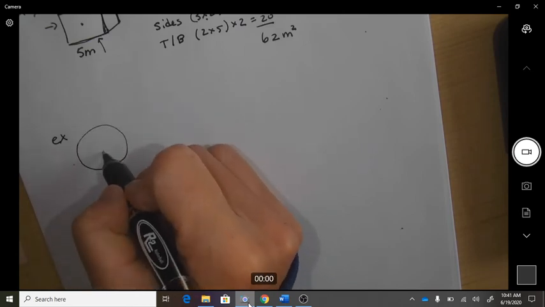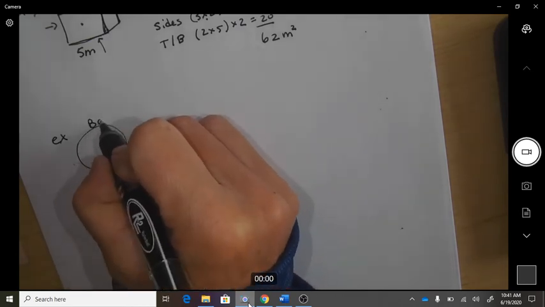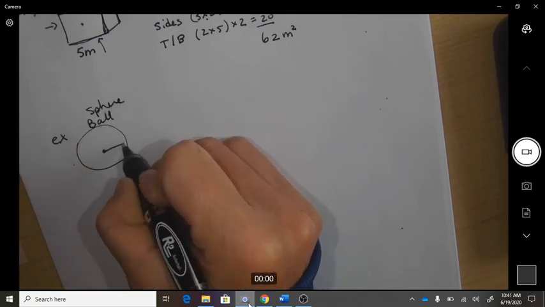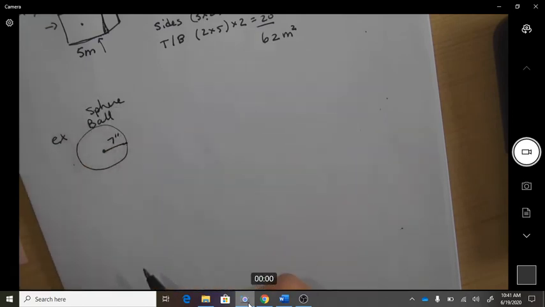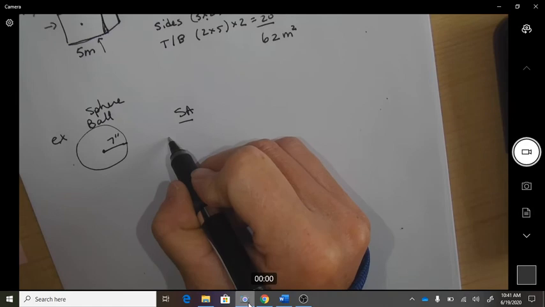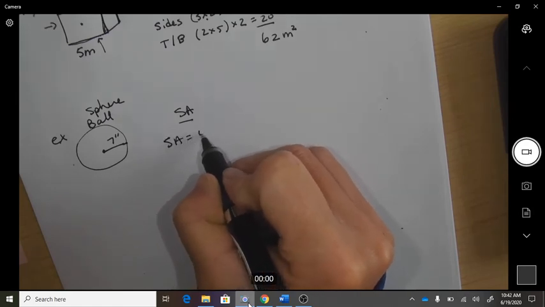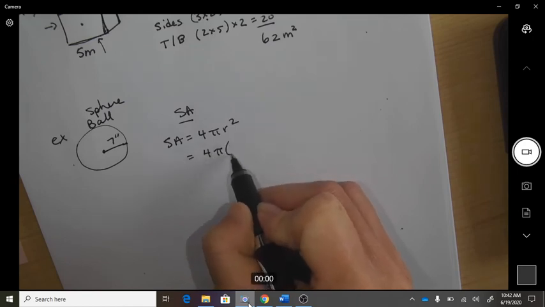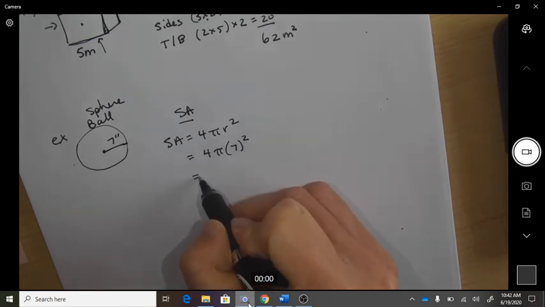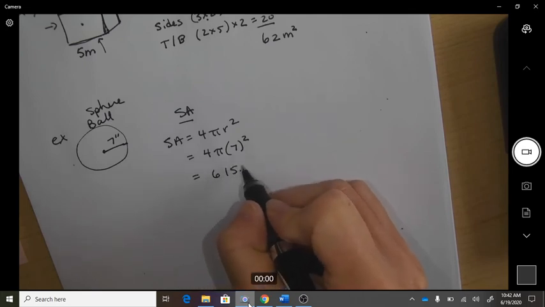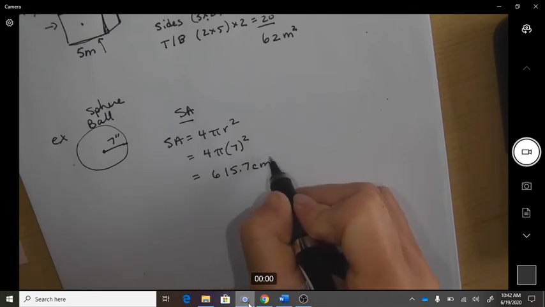Okay, and again, I'm not really good at drawing a 3-dimensional sphere. So 7 inches is my radius. For surface area, the formula on your formula sheet is 4 pi r squared, so 4 pi 7 squared. Just multiply through.